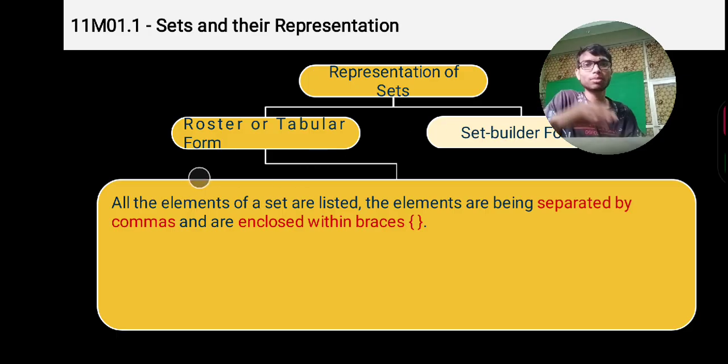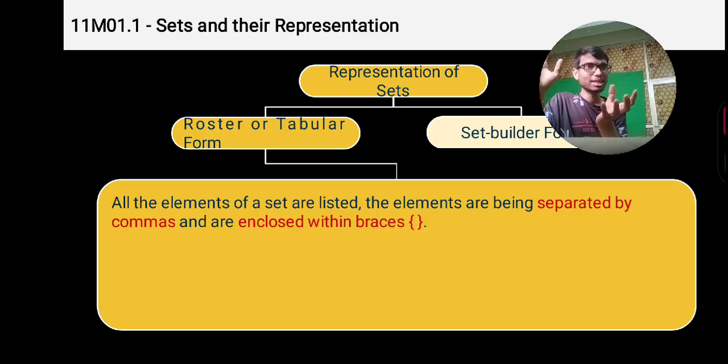We are understanding the meaning of roster form. All the elements of a set are listed. The elements are separated by commas. A element, then we apply a comma, then again B, then again a comma.